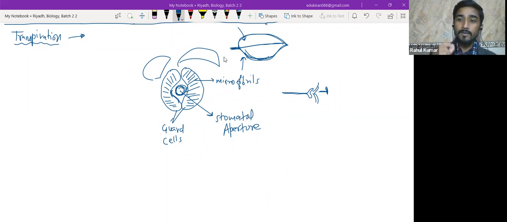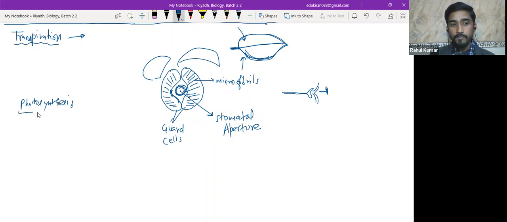There are two processes. One is called photosynthesis, which is required to make the food of the plant. In the presence of light, they synthesize or make their own food. The next is called respiration, which is a characteristic property of life, correct?